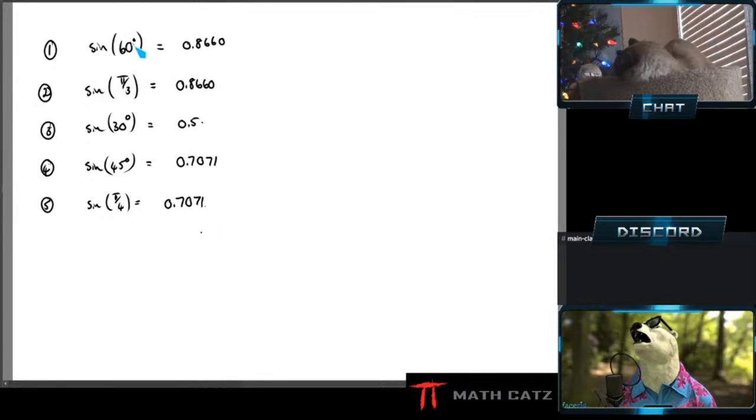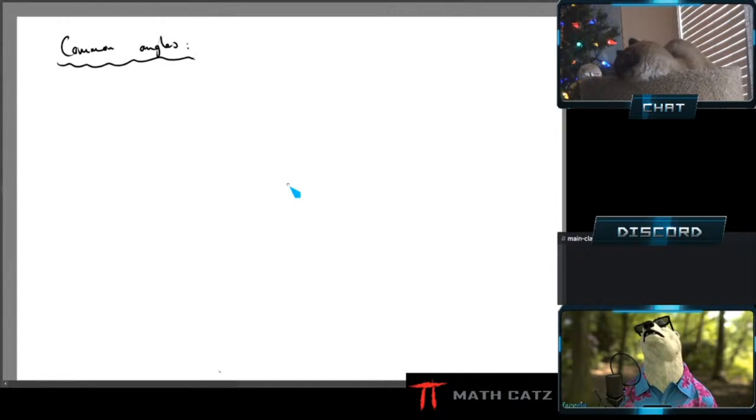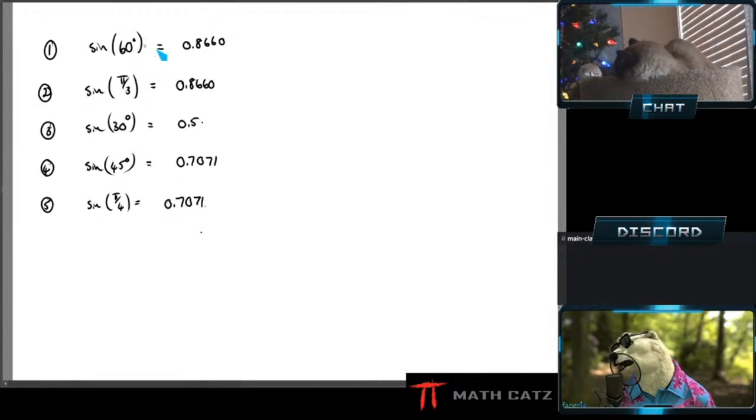I can only really do that for familiar, simple angles: 30, 60, 45 degrees. So these are the common angles that I want to explore a little further. In doing that, I gain some insight and learn a little more than just finding sine of 60.